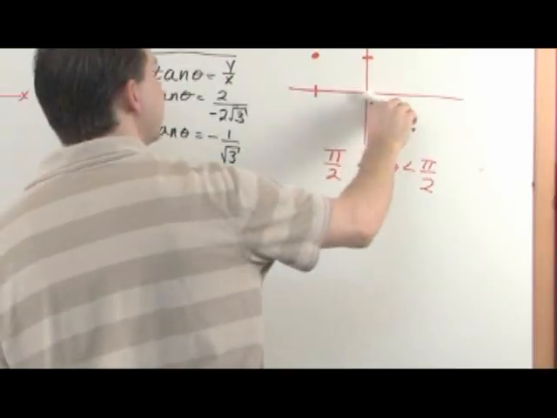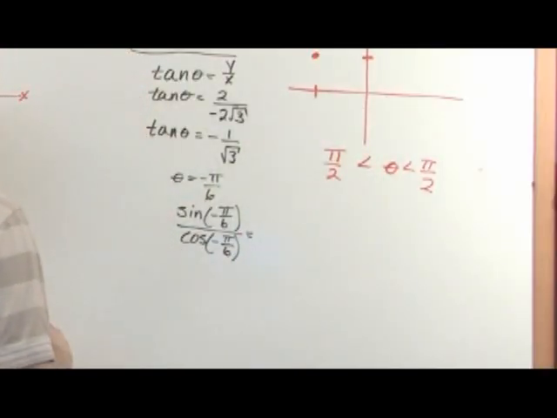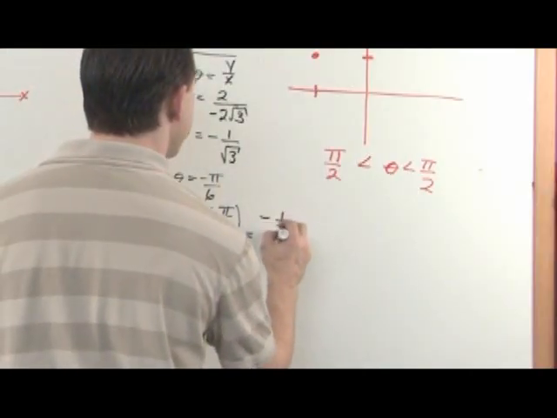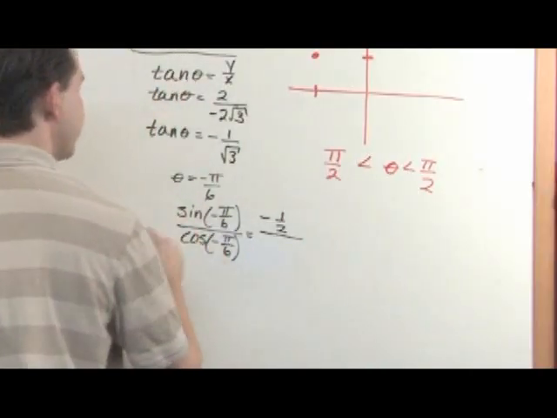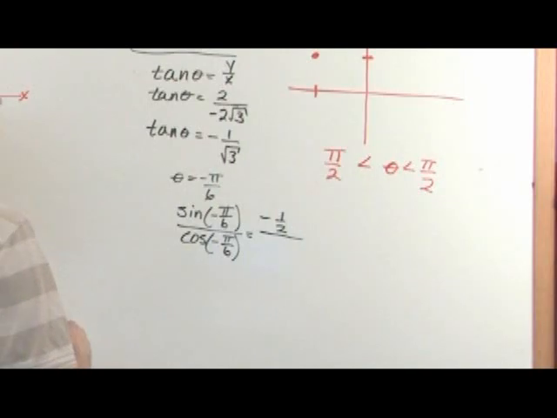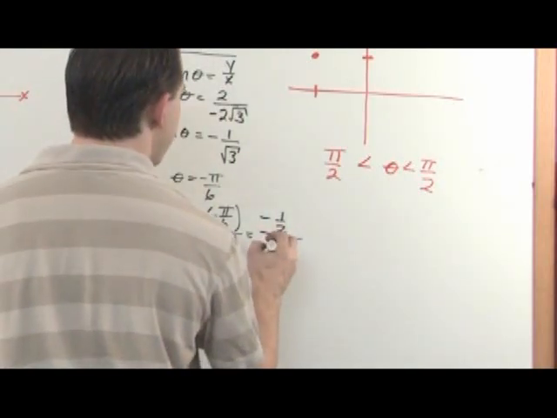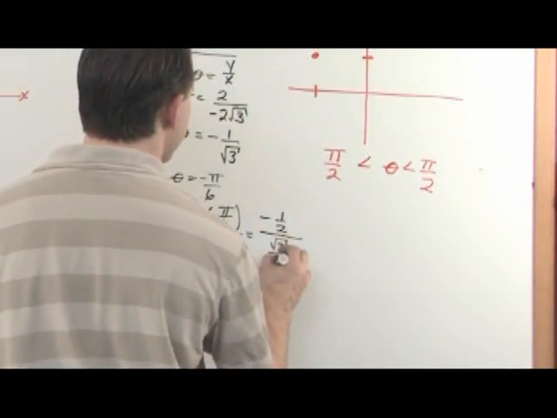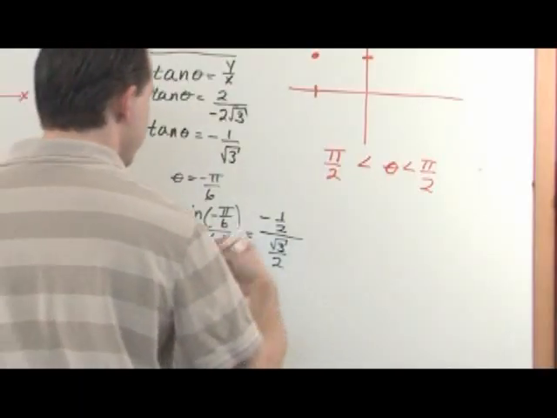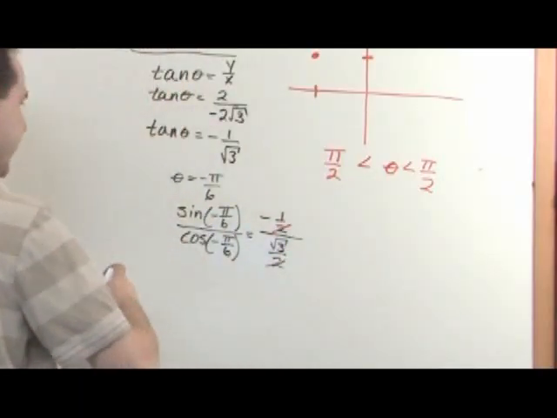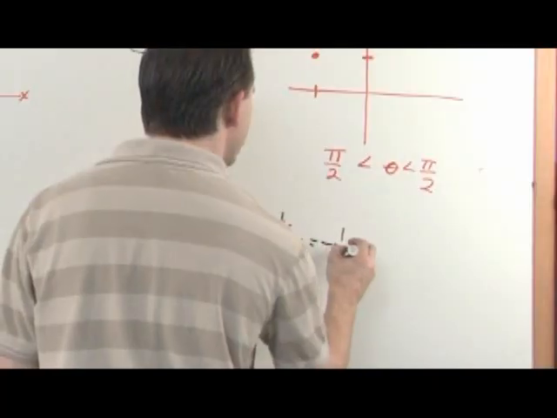Sine of negative pi over 6, we already did this before, is negative 1/2. Cosine of negative pi over 6 is like cosine of negative 30 degrees, which is positive square root of 3 over 2. And we get excited here because we see the 2's cancel, and this is going to equal negative 1 over square root of 3.